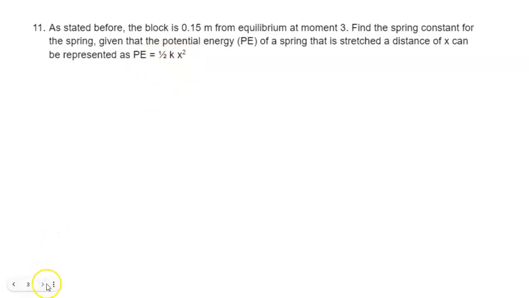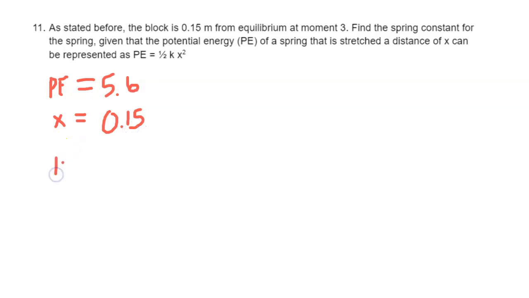So what do we know from this problem? We know the potential energy of the spring. On the last page, I knew that my potential energy was 5.6. I know my x is 0.15. That's how far the spring is from where it usually likes to sit. And it's asking me, what is the spring constant?